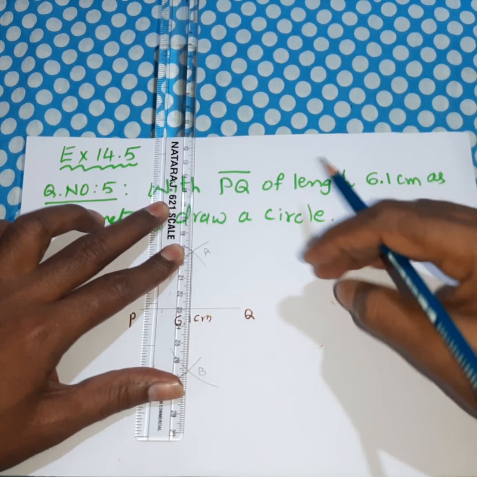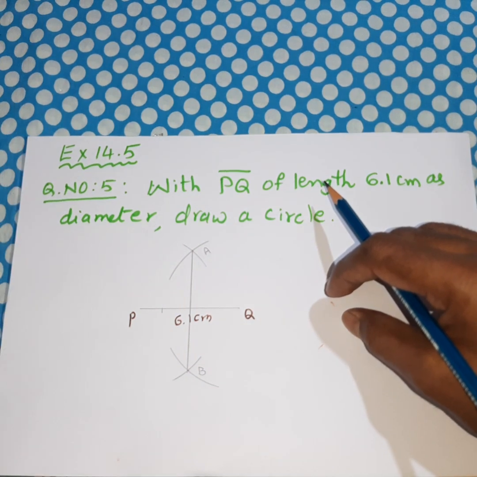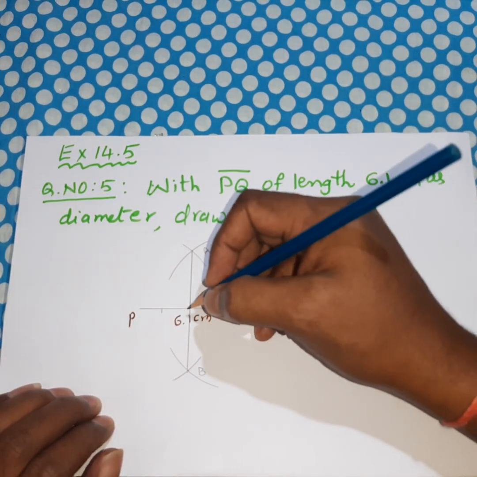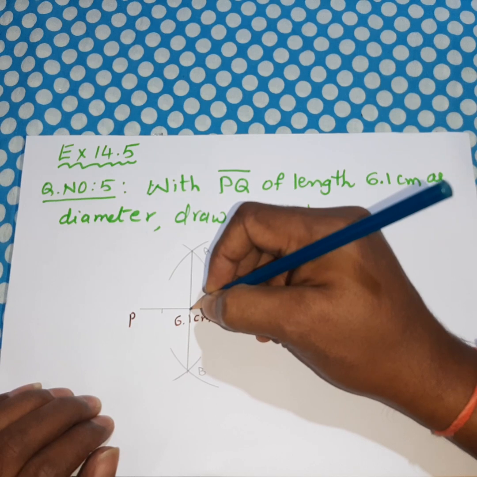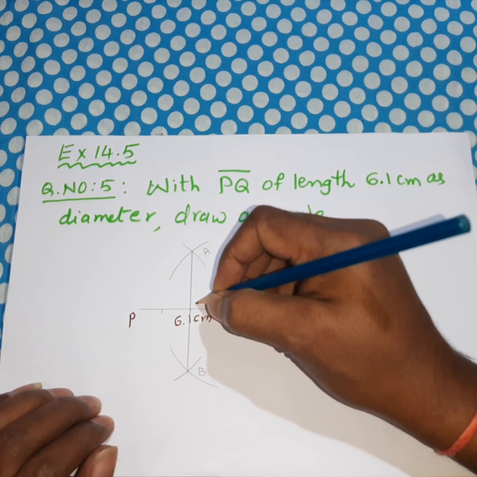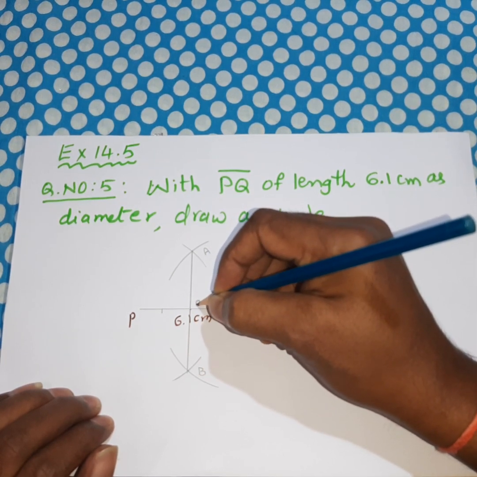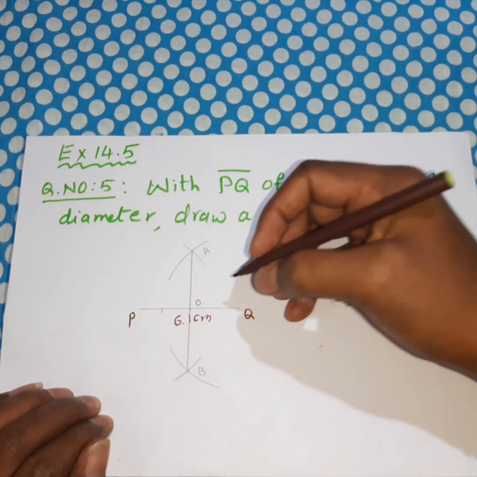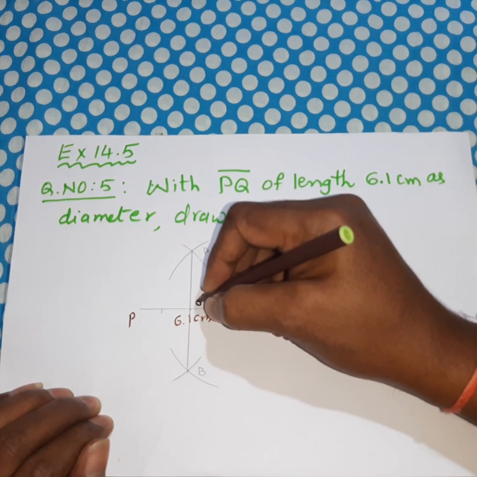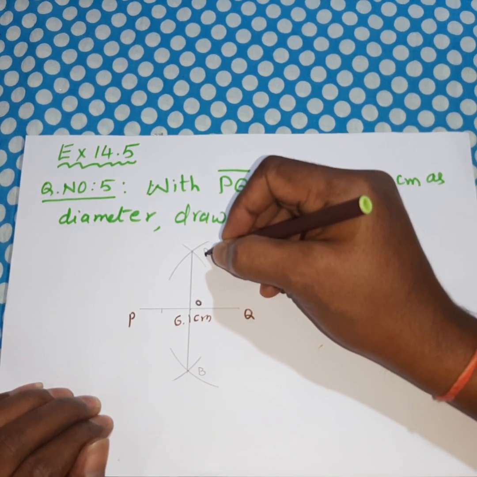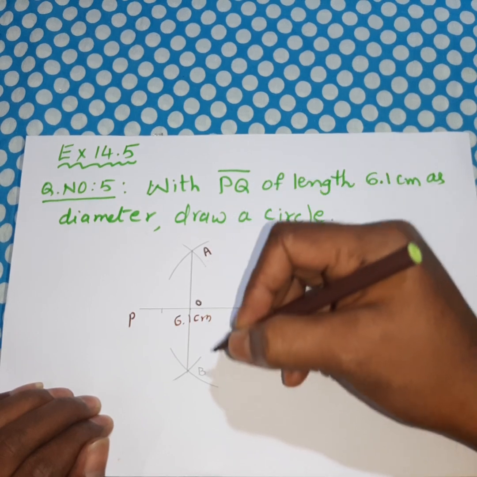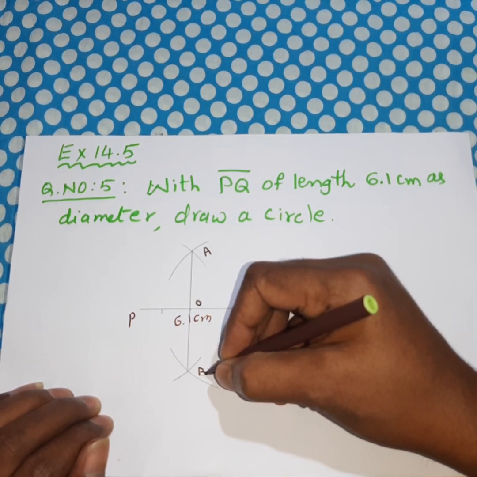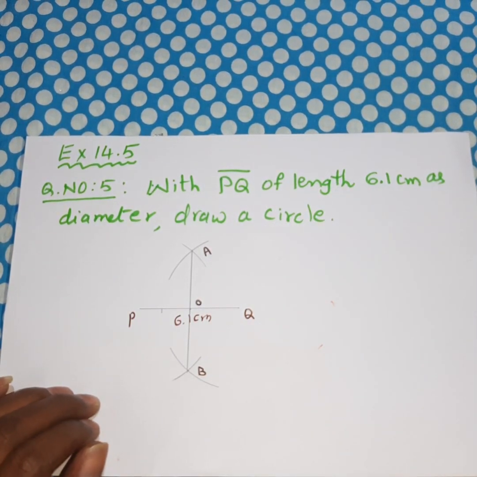This perpendicular bisector will intersect PQ at one point. I am taking O here. O is the midpoint of PQ. Right, children? O is the midpoint of PQ. Now, by taking center as O, the radius is OP or OQ.